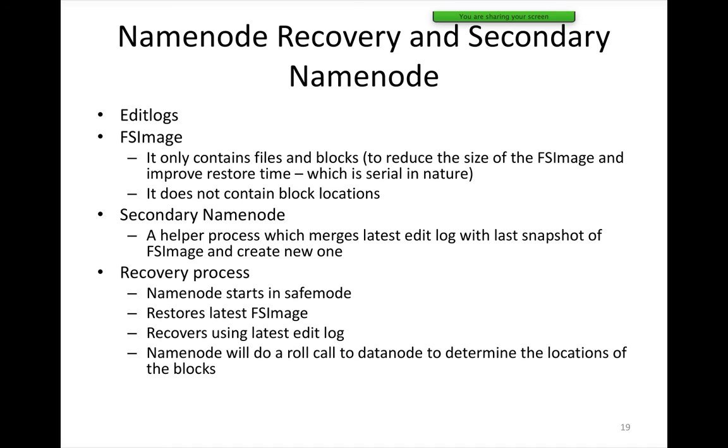In case the name node is restarted, or crashed and rebuilt, when the name node is started in safe mode, it uses the fsimage and starts applying the edit logs to recover the name node. So the secondary name node is just a helper node which takes care of the bookkeeping, such as checkpoints. It will not be used as a failover or for high availability. So that is the purpose of the secondary name node.